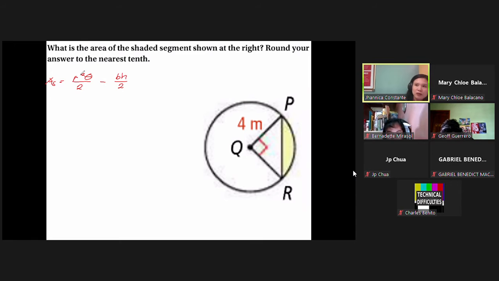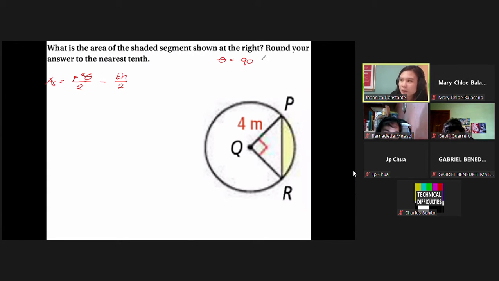But before we proceed in solving for the area of the segment, we need the value of the angle in terms of radians. If you still remember the one we discussed yesterday, we convert the degree form of the angle into radians. So we have 90 degrees, the angle given in degree form, and we need to convert it into radians.